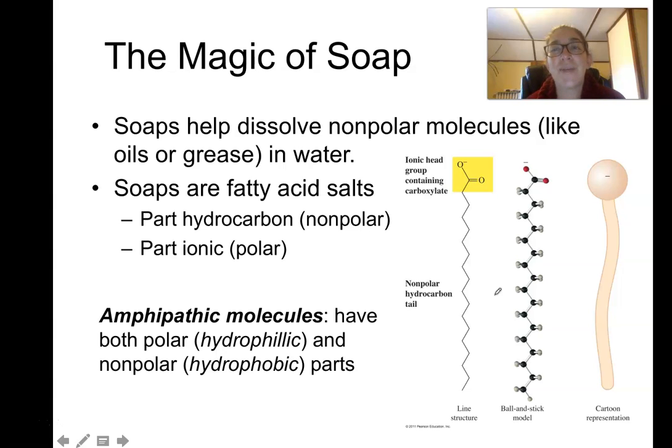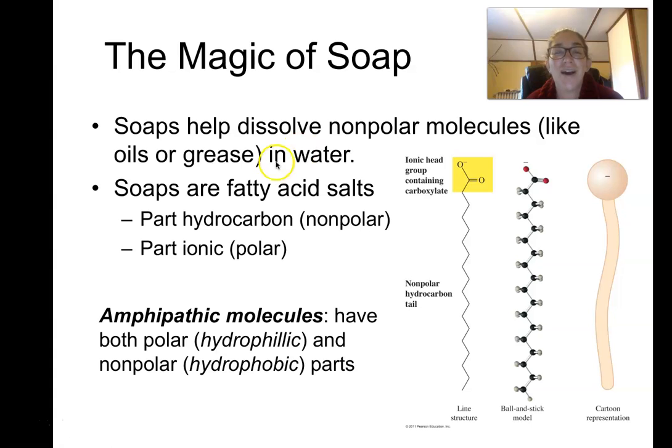So we said that like dissolves like, polar and nonpolar don't mix. But there is this sort of magical substance that can make polar and nonpolar things mix. And so that's what we're going to talk about here, the magic of soap. So soaps actually help you dissolve nonpolar substances in water, a polar substance.